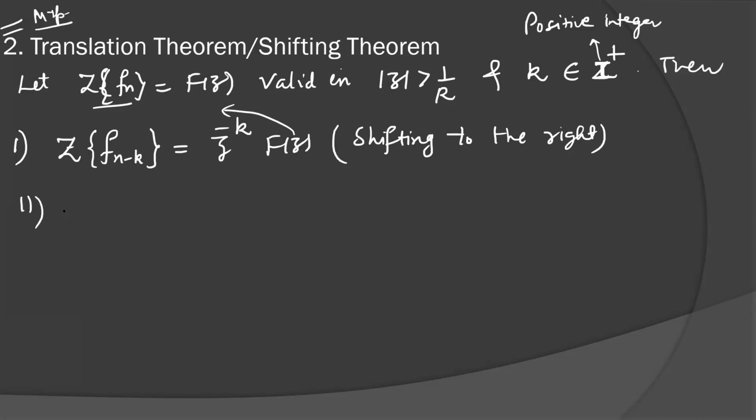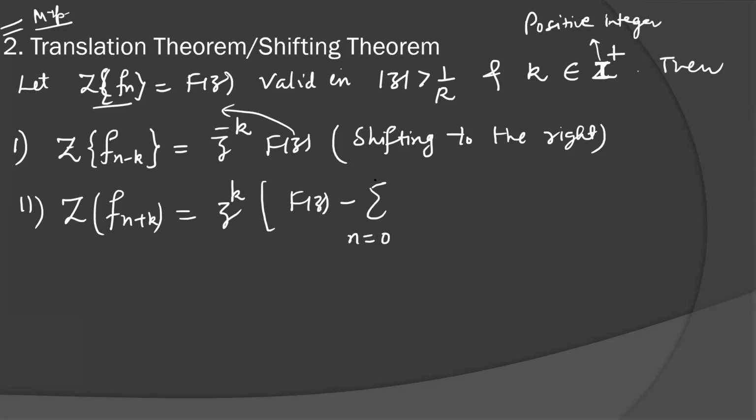And the second result is the Z transformation of f of n plus k, which is equal to z to the power plus k Fz minus sigma n equal to 0 to k minus 1 fn z to the power minus n.